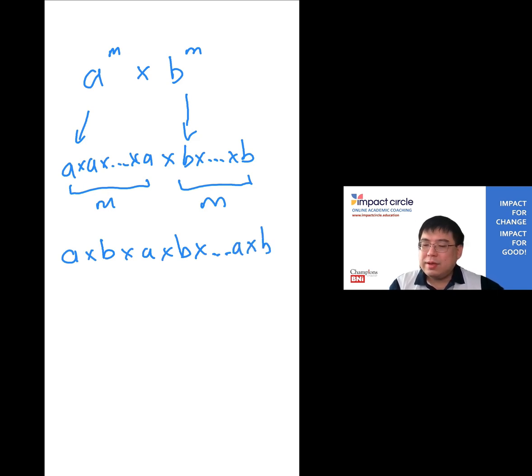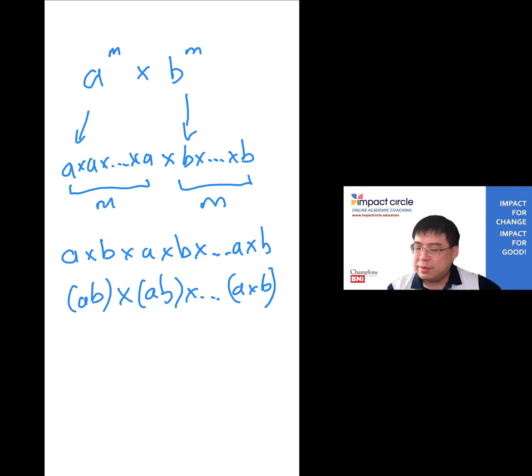And each of these we are able to group together to be AB times AB times AB, and so on. And how many copies of AB do we have? Because we have m copies of A and m copies of B, we have a total of m copies of AB. Does that make sense?